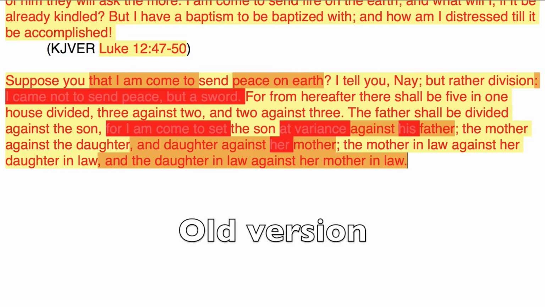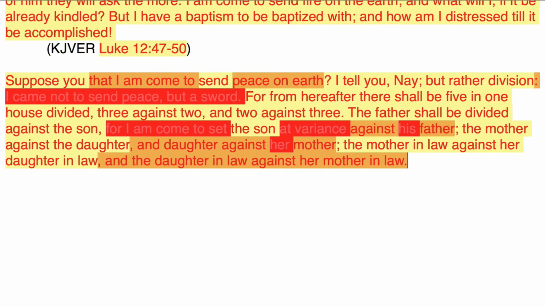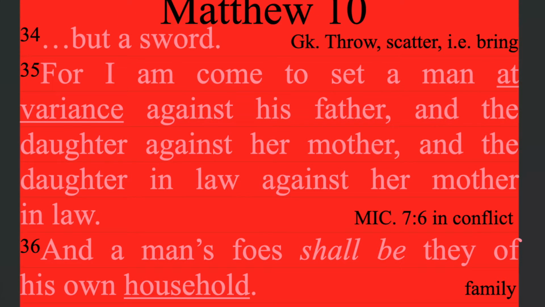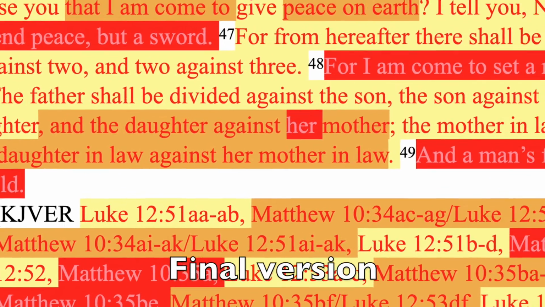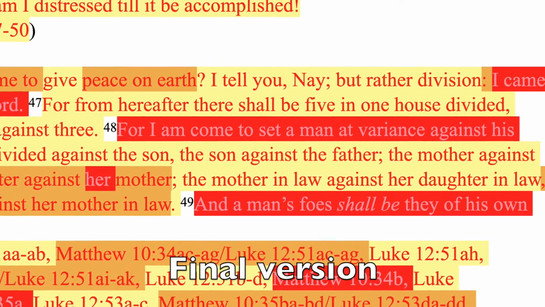I don't really like how that "for I am come to set" is now in the middle of this sentence instead of at the beginning. But again, I just don't know how to fit "for I am come to set" and then "at variance" with this beginning. The father shall be divided against the son. Because if I switch it, I could put this at the beginning.